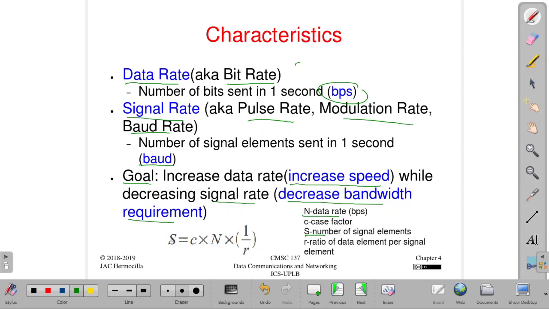This is the formula: S, the number of signal elements, is equal to c times N times 1 over r, where c is a case factor, which is some constant, N is the data rate, and r is the ratio of data elements per signal element. So we're going to see this parameter later, because when we look at the different encoding techniques, we're going to look at this value.